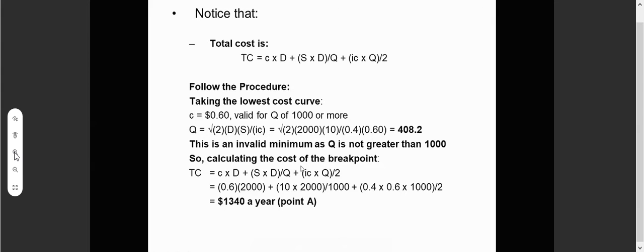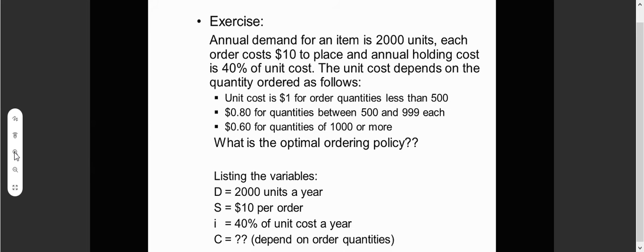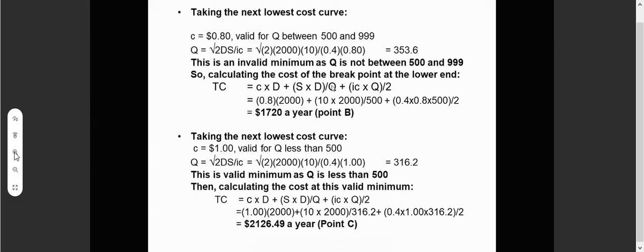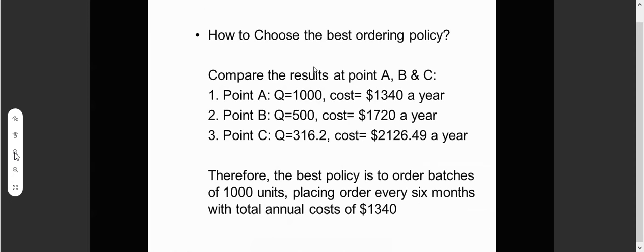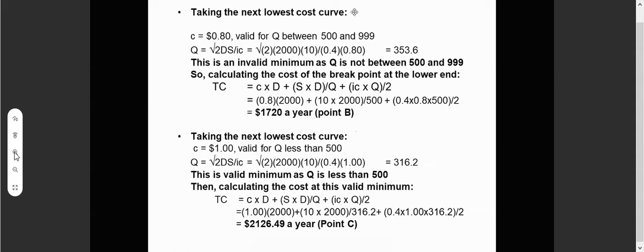Okay. Let's say at this point, the unit price of 80 cents, when we calculate the optimum order quantity and the value is 550 unit, for example.